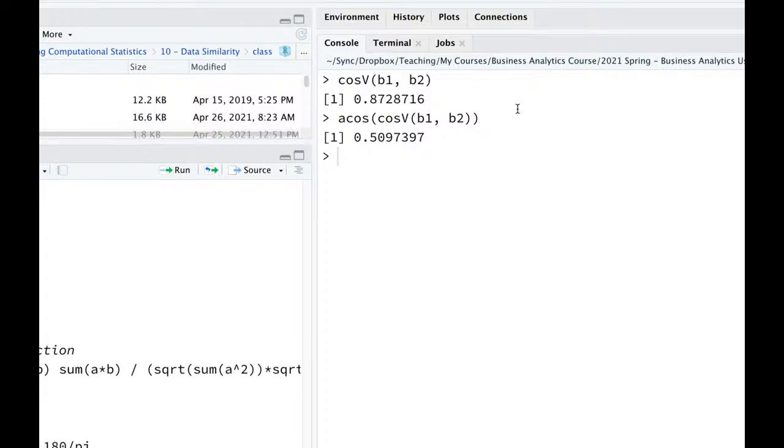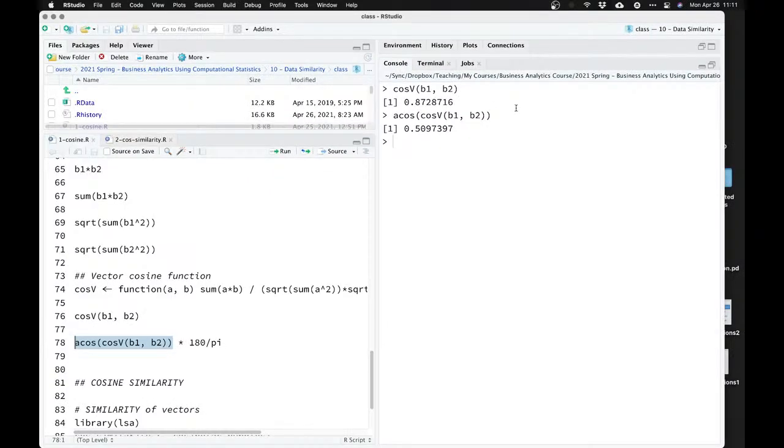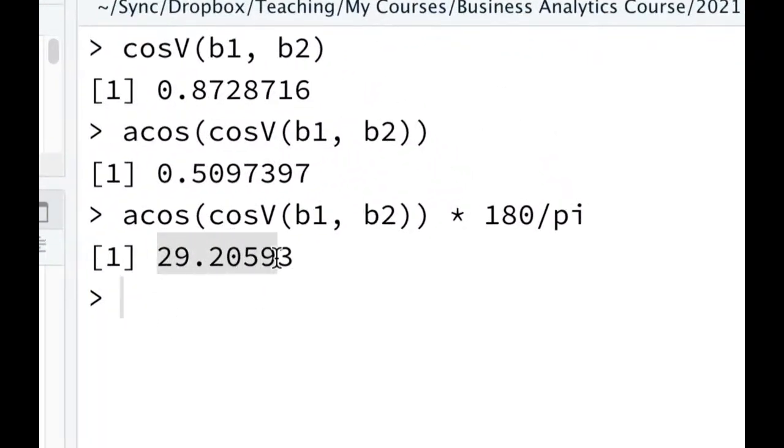But this angle is in radians, because R, like most mathematical software, prefers to use radians. I can convert this to degrees. It's about 30 degrees. So the angle between B1 and B2 is about 30 degrees.